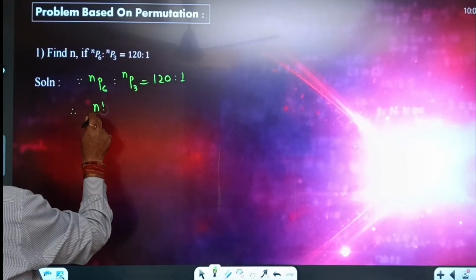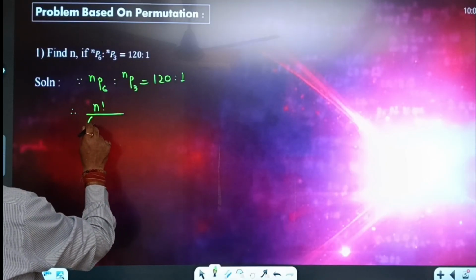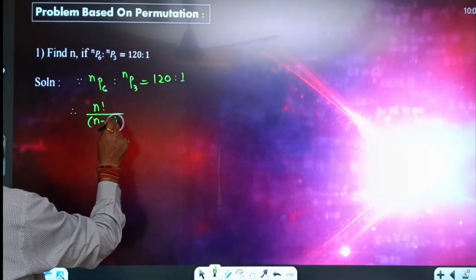nP6 is what? n factorial upon n minus 6 factorial.